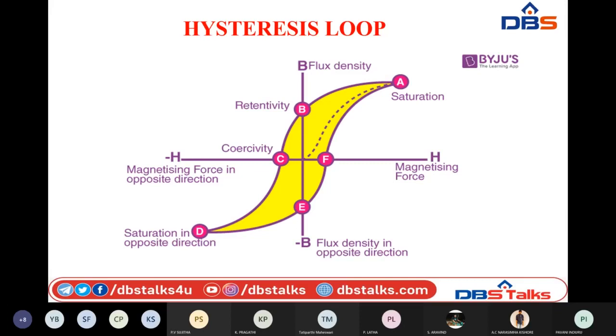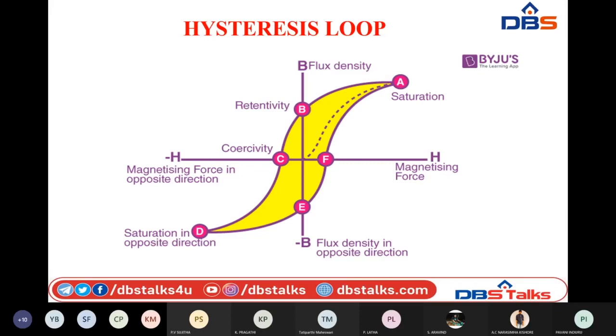That means the variation of magnetic flux density with respect to magnetizing force H is not uniform, but an exponential rise. Once it has reached the saturation level, if we increase the magnetizing force, the magnetic flux density will not increase further, because it has attained the maximum level of flux density.